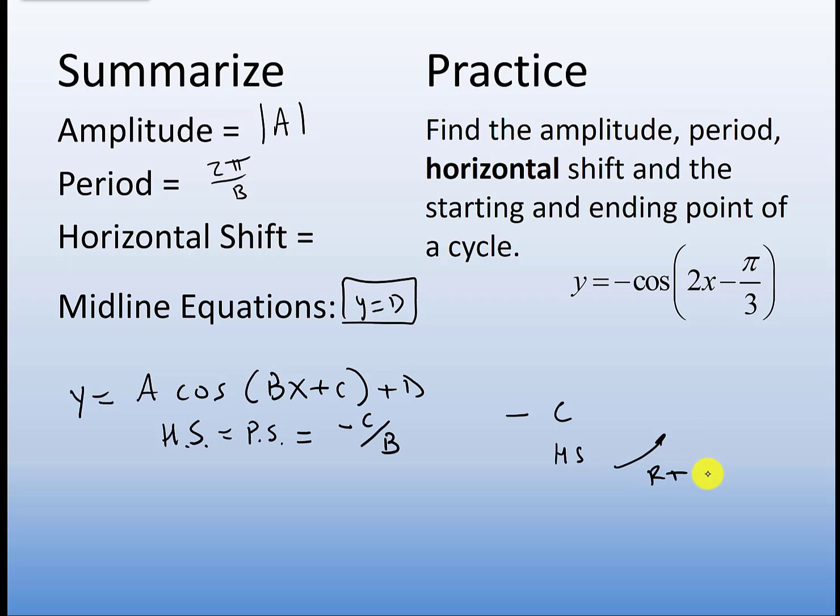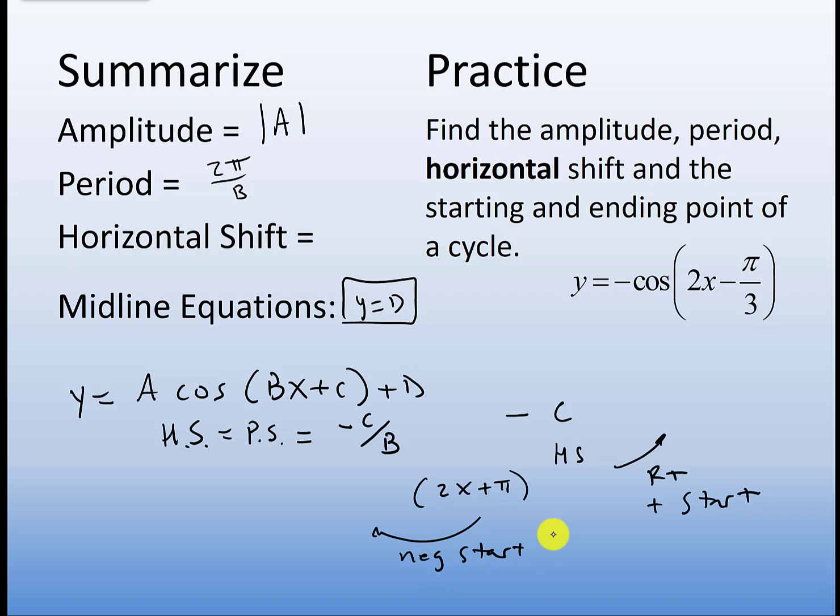So I really want a positive start value. If C is positive, say we had 2x plus pi, well, that shifts to the left, which means I'm going to have a negative start value.